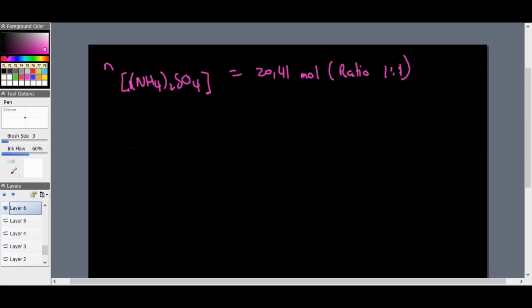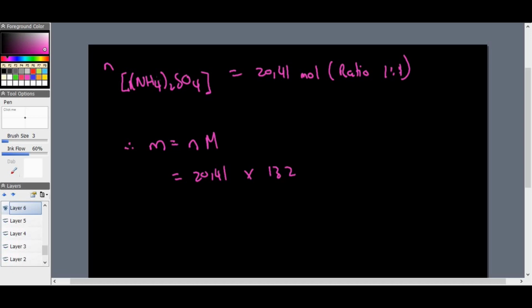So we want mass, which is equal to the amount of moles times the molar mass. The amount of moles was 20,41 multiplied by 132. Nitrogen is 14 plus 4, that's 18, times that by 2, plus 32, plus 16 times 4.